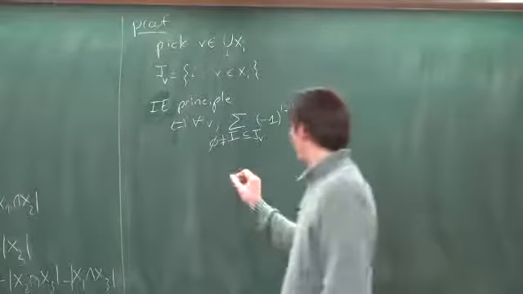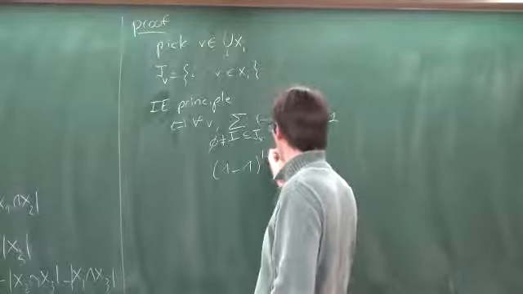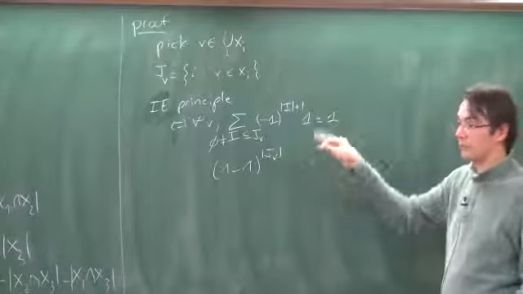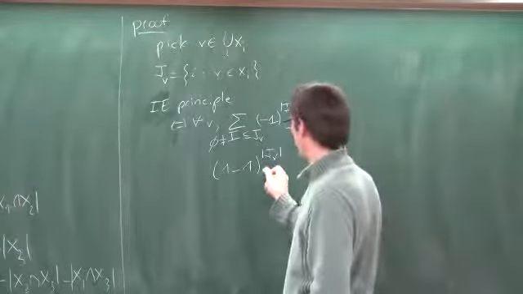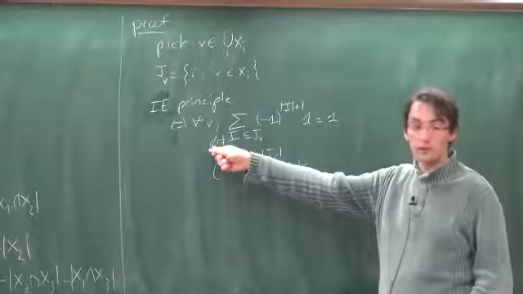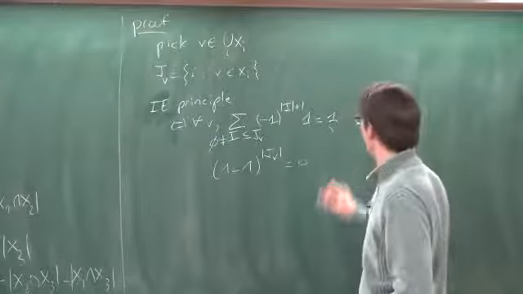And this simply follows from expanding (1 minus 1) to the size of J(v). You expand this, you find all those terms, and this will be equal to 0, but in this expansion there is a term corresponding to the empty set, precisely, that will be equal to this one here.